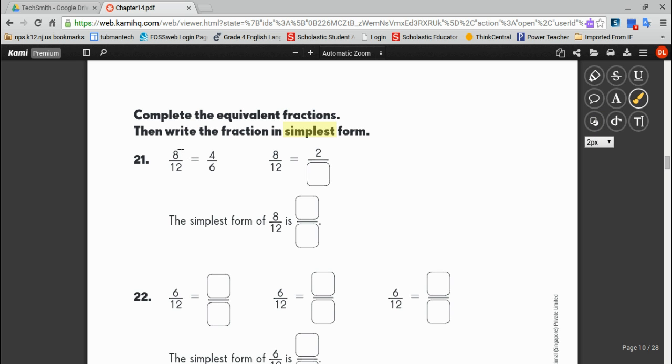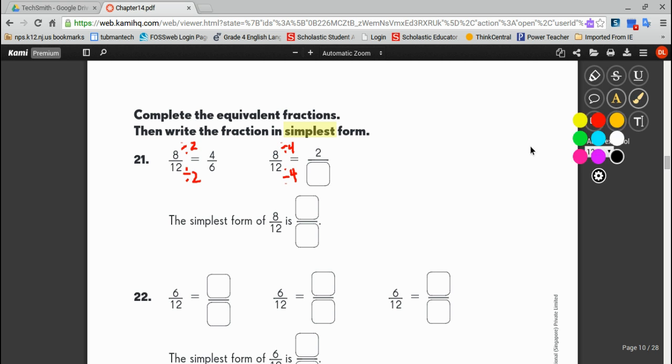So 8 going to 4, we can do 8 divided by 2 gives me 4, and 12 divided by 2 equals 6. But we can also divide 8 by something else. We can do 8 divided by 4 gives me 2, and if I divide the top by 4, I want to divide the bottom by 4 as well.